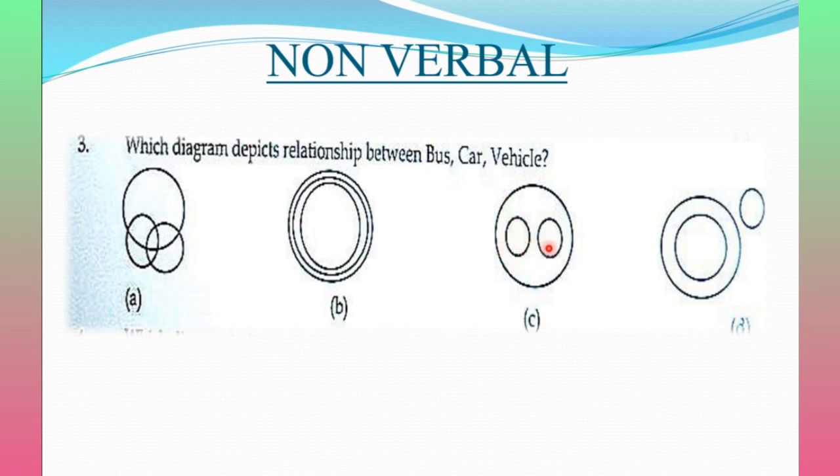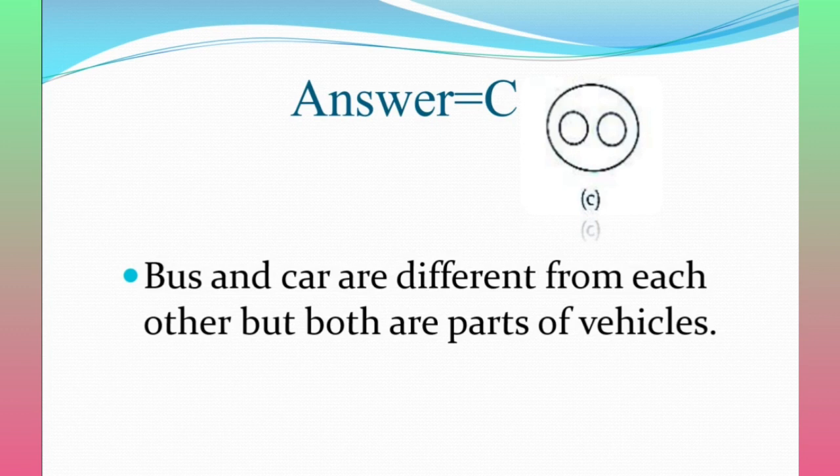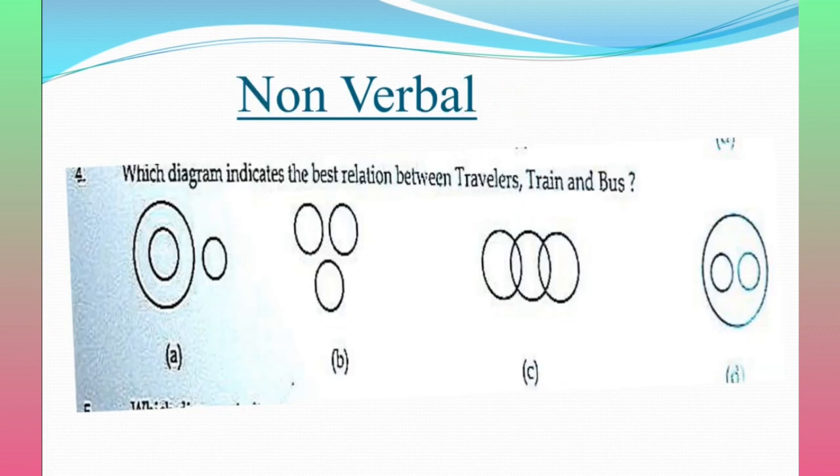The question says bus, car, and vehicle. The answer is C. Bus and car are different from each other, but both are parts of vehicles.